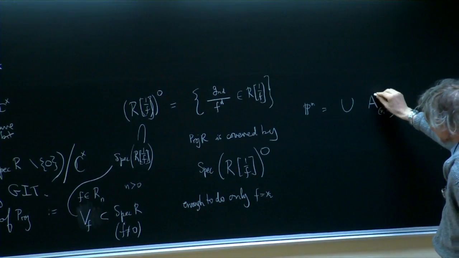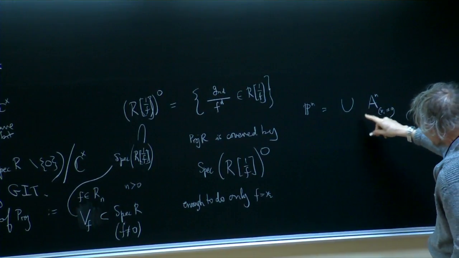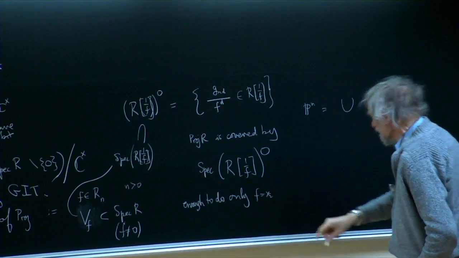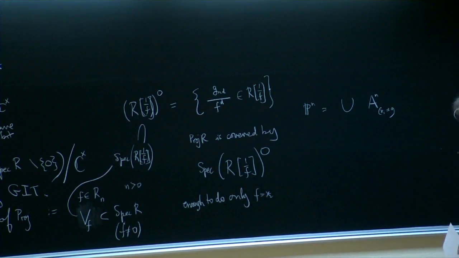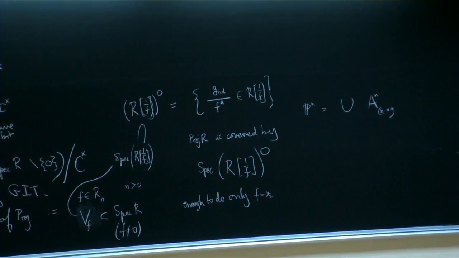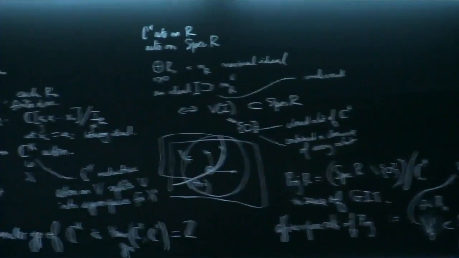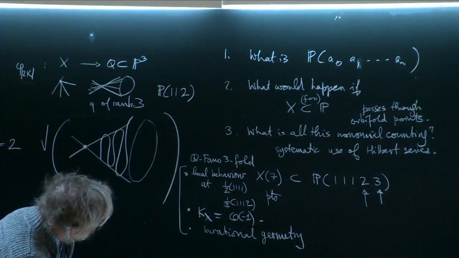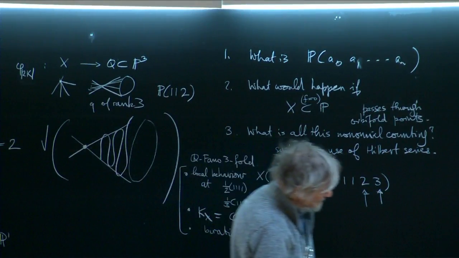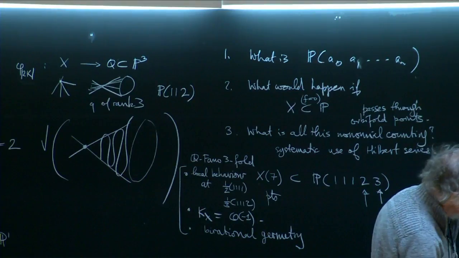It's the standard way of writing projective space as a union of affine pieces. This is what you're doing. Okay, so this is the definition. This definition is, of course, exactly what is written in Chapter 2. I'm not doing anything here except explaining what it means.